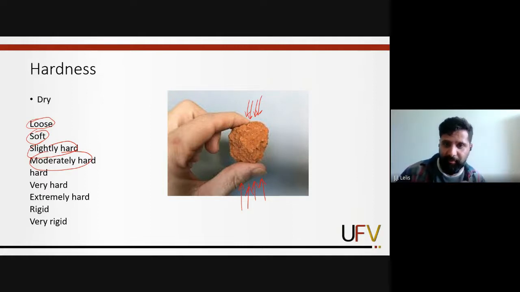If I put a lot of energy here between my index and thumb and I can't break this aggregate, I can have one of these materials. So all of these are broken by index plus thumb pressure.